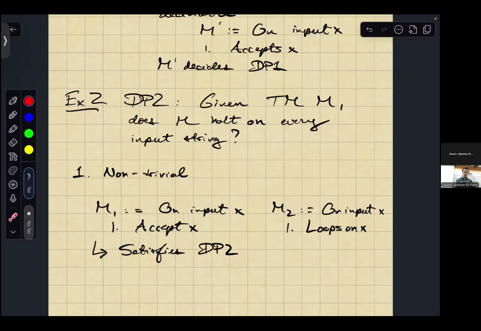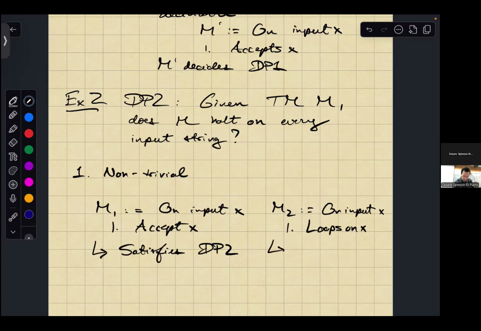In fact, it always loops. So it's not true that it halts for every input string. In fact, it doesn't halt for any input string. So it's an even stronger negation, because here I just needed one string to loop on the machine. Now I'm just looping on all strings. I said that in a different way, but hopefully you get what I mean.